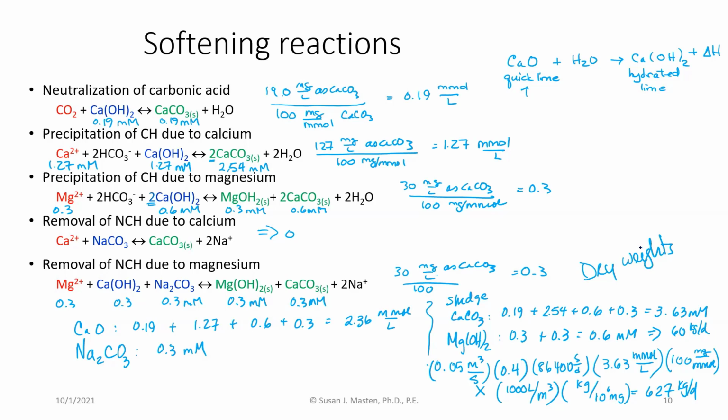Typically, with gravity settling, your sludge is going to be somewhere around 10 to 20% solid, so it still has a significant amount of water. So you can imagine, get an idea of the amount of sludge that's produced.